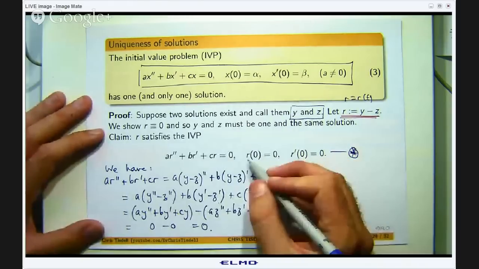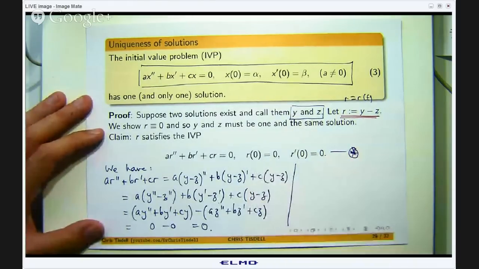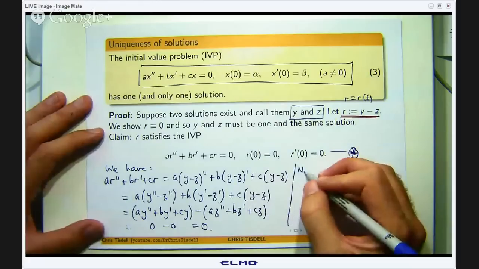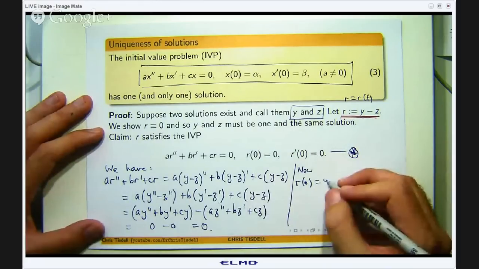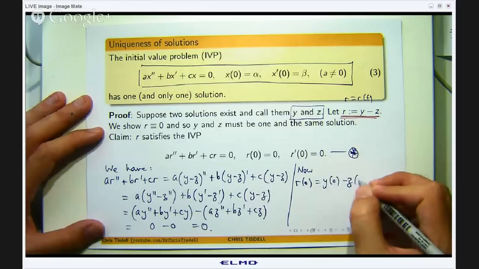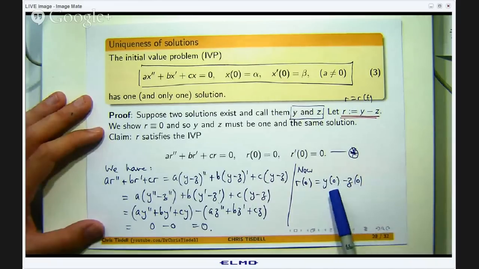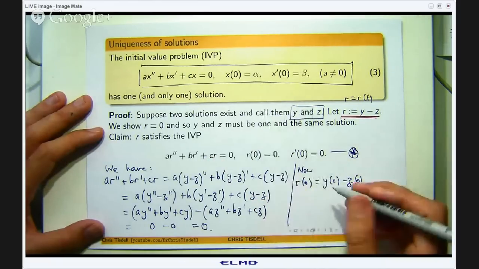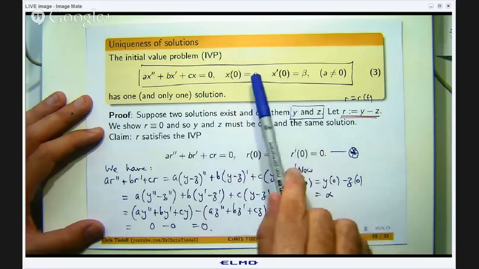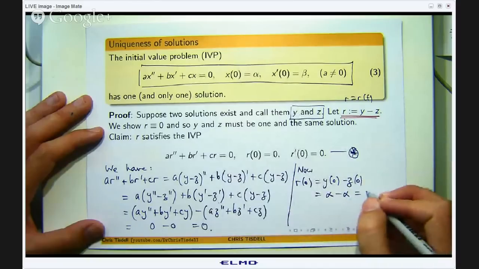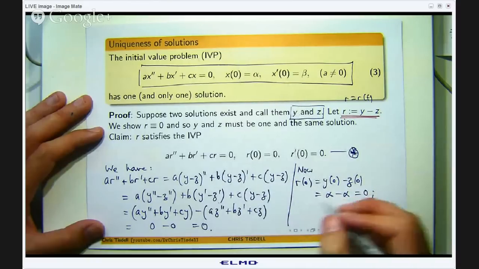All right, now let's show that the initial conditions are satisfied. So R of 0 equals y of 0 minus z of 0. So y of 0, because it's a solution to this problem, is alpha. z of 0, because it's also a solution to this problem, is also alpha. So obviously that becomes 0.